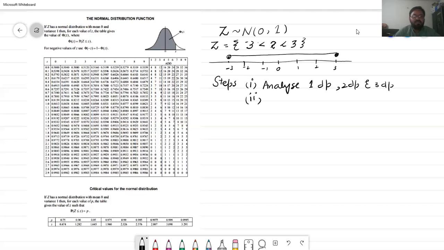The second step is to find the one decimal place in the first column. The third is to find the two decimal place in the first row.